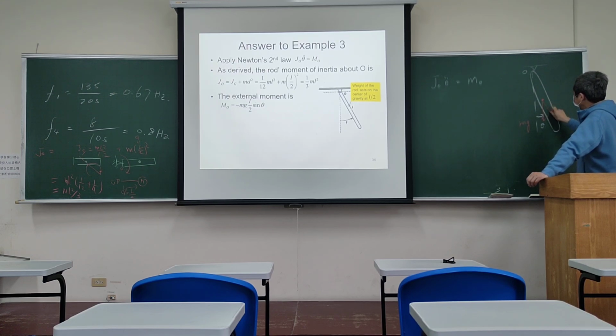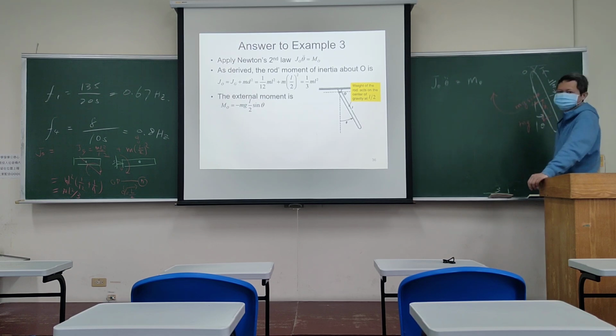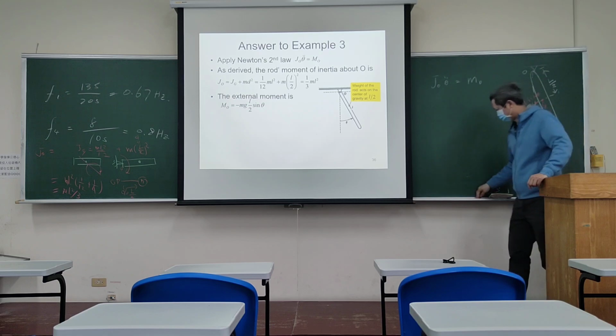So you can resolve the vertical force into two components. This component is what you call mg sin theta, and the moment arm away from the pivot is L over 2. And what is the direction of the moment? This direction of the moment is clockwise.